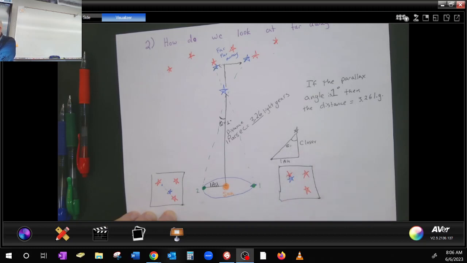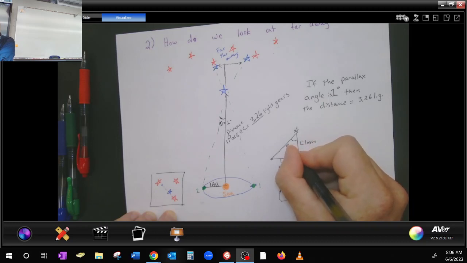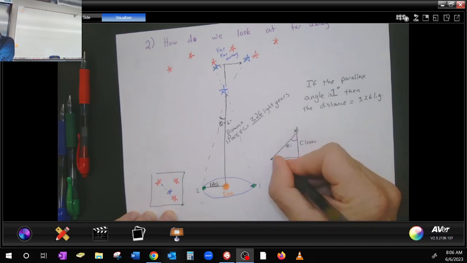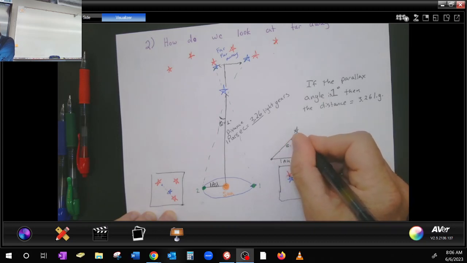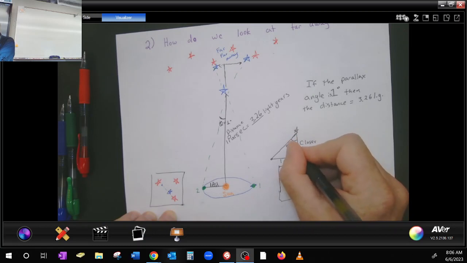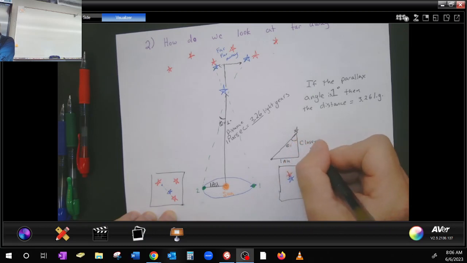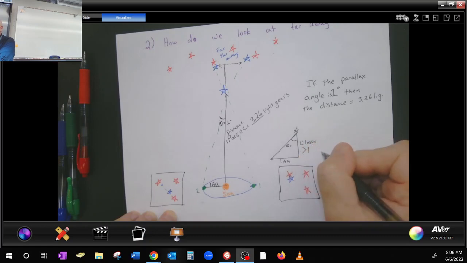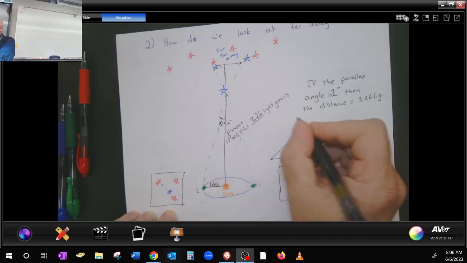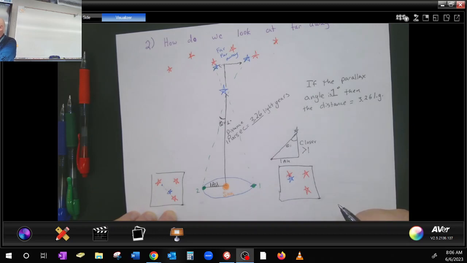Okay, I think people pointing up. Yeah, this means that if this object is closer, this angle will be larger. So if this is greater than 1, this object is closer than 3.26 light years.